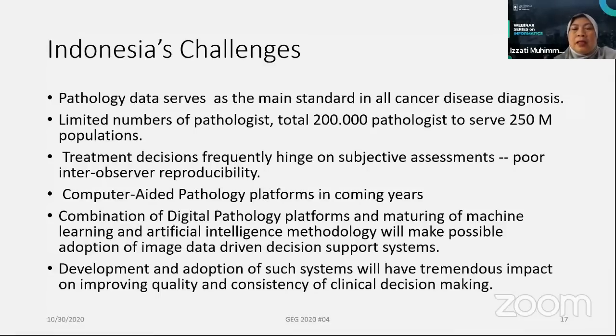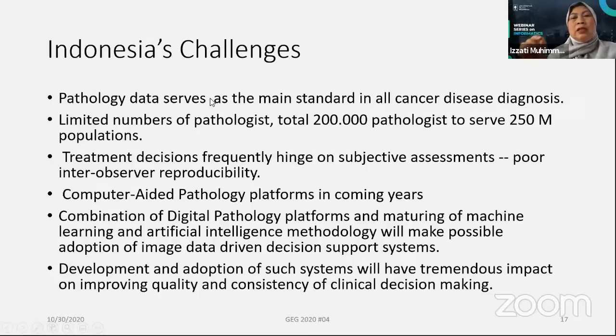The ultrasound and the mammography may tell you that you have some mass on your breast. But whether this mass is benign or malignant is another step, which the pathologists will do.